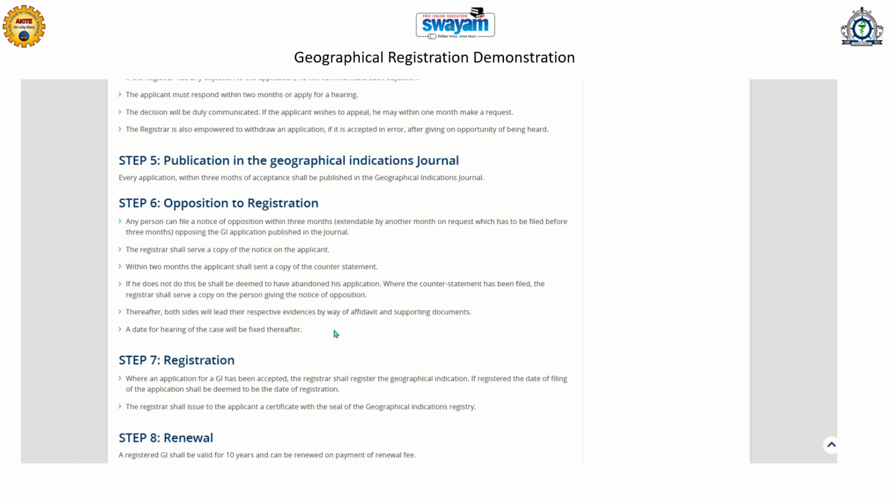When it is accepted, finally it will be considered for registration. The registrar shall register the geographical indication, the date of filing of the application shall be deemed the date of registration, and the certificate with the seal of the Geographical Indication Registry will be given to the applicant.